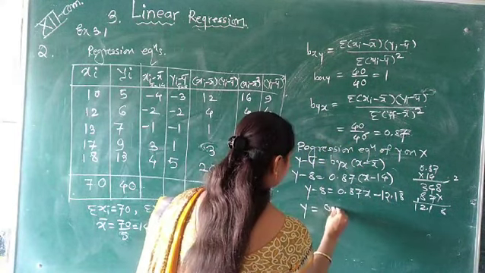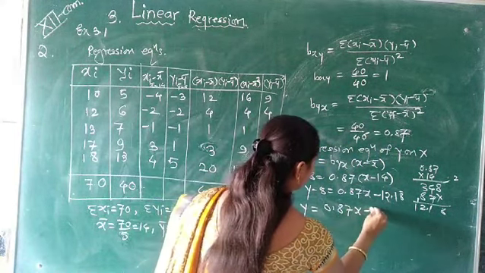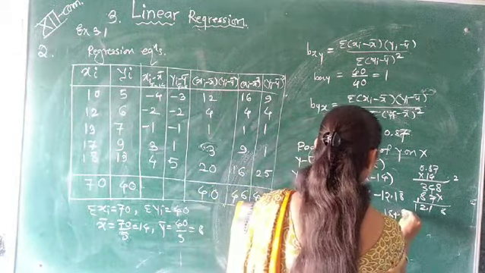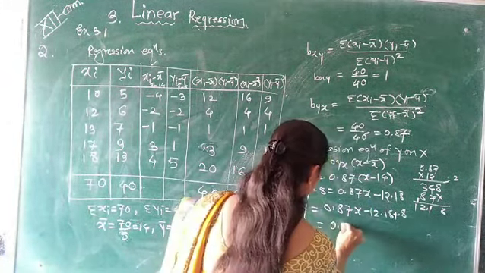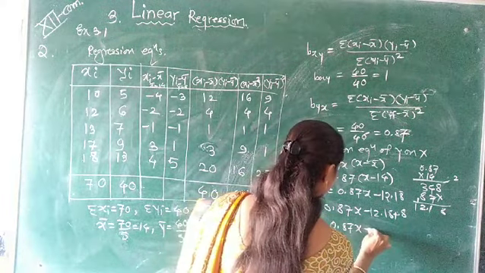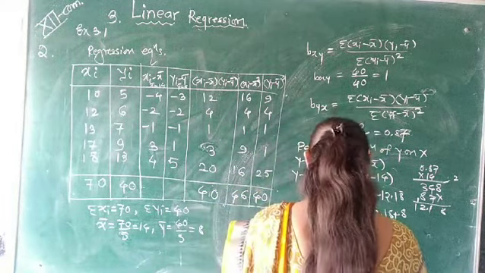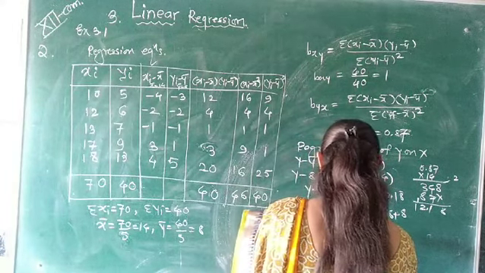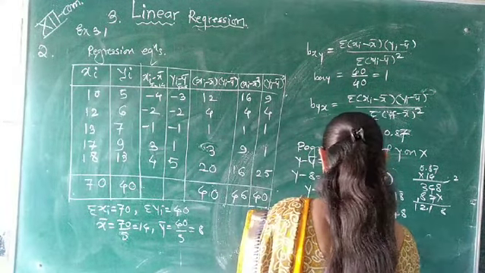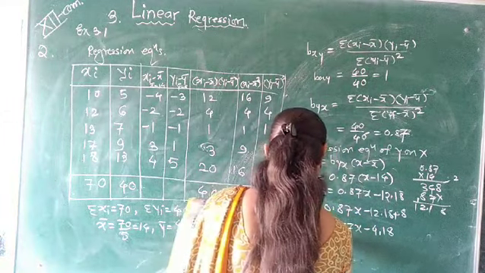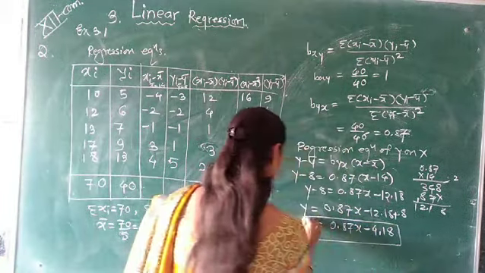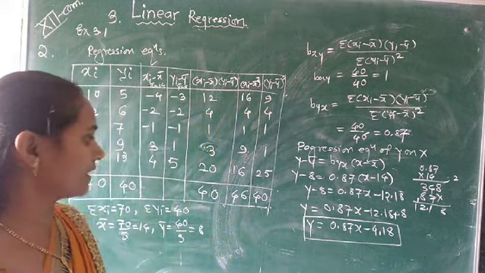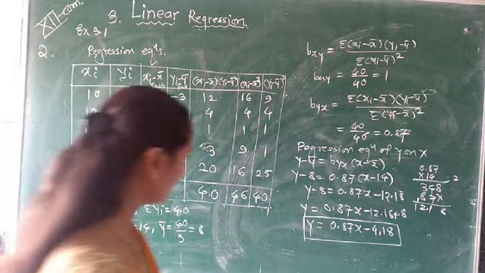Therefore y is equal to 0.87x minus 12.18 and the minus 8 here becomes plus 8, hence it is 0.87x minus 4.18. Therefore, the regression equation of y on x is 0.87x minus 4.18.